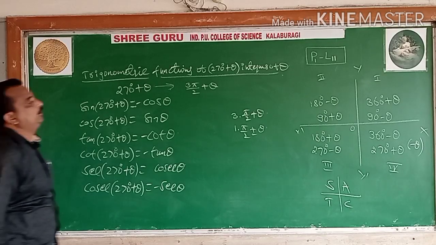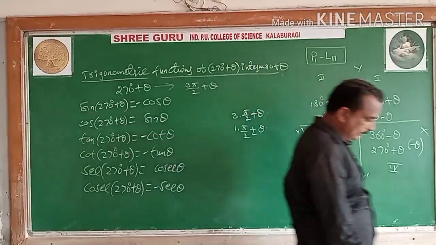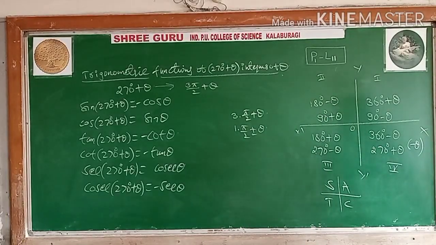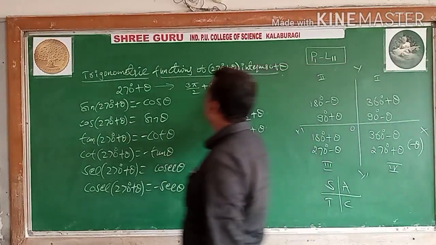Now let us come to 360 minus theta, 360 plus theta, and then minus theta also.